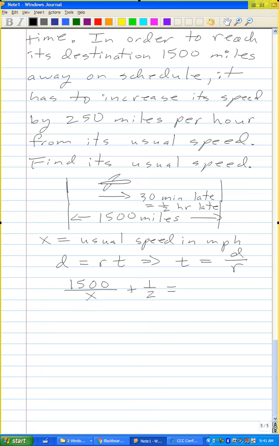But you want to get there on time, and so you still have to go 1,500 miles, but you have to increase your speed by an extra 250 miles per hour, so that you'll be able to make up that. So this is the usual time.